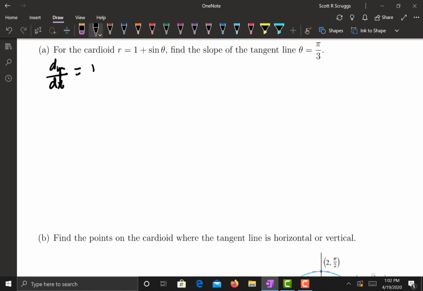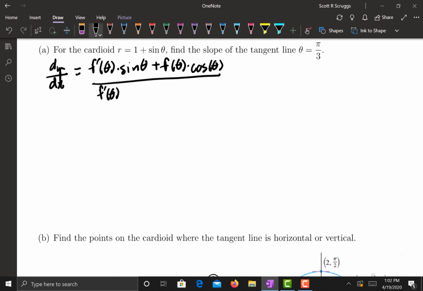We have to take f prime, or the derivative of the polar function, times sine of theta, plus the function of theta times cosine of theta, over the derivative of the polar curve times cosine of theta minus f of theta times sine of theta.